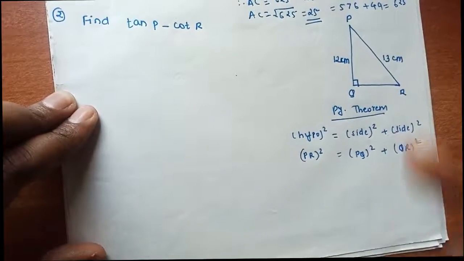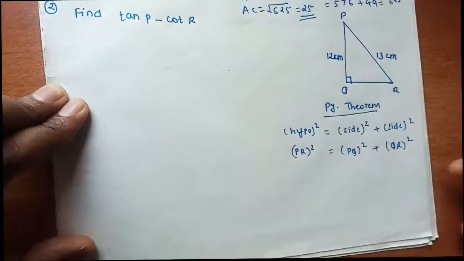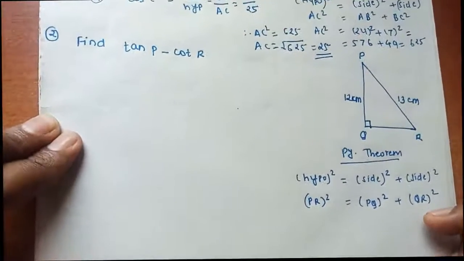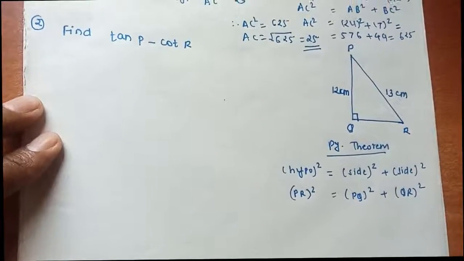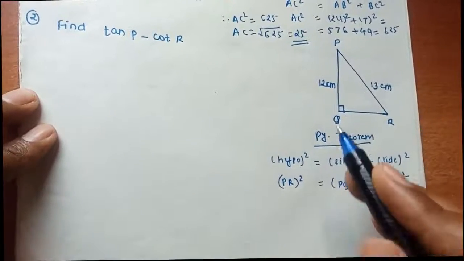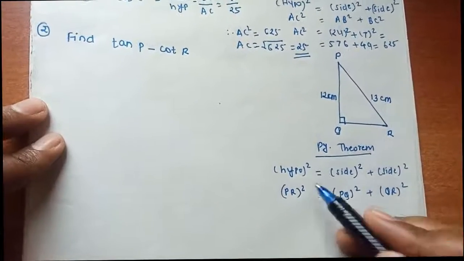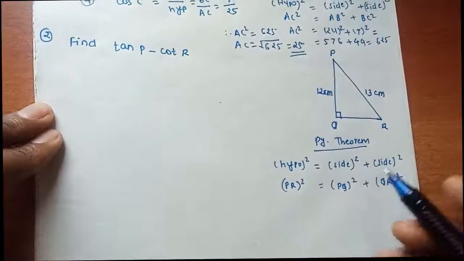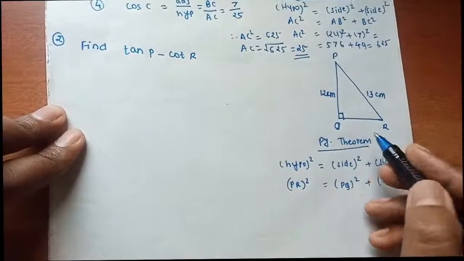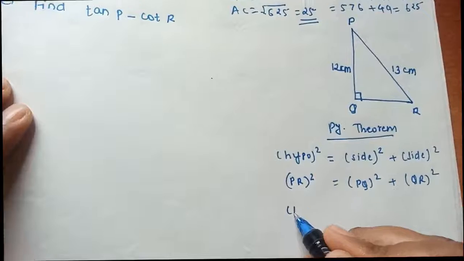In some books they use perpendicular square plus base square, but that becomes quite confusing. So I have taken this theorem as hypotenuse square is equal to side square plus side square. Anyway, that's right. So now PR they have given, your PR is 13.